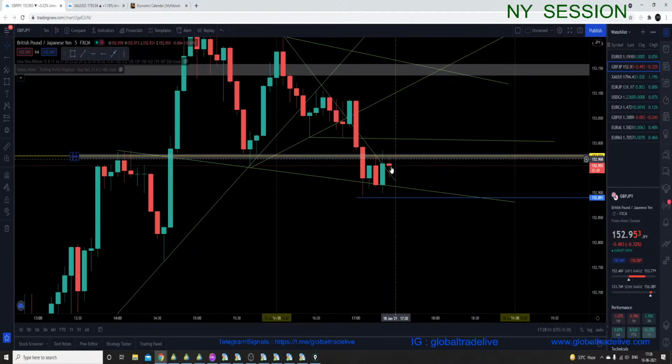So once the candle crosses below this level, I'm gonna sell, keeping my stops above this high over here. The last deciding 1 minute.